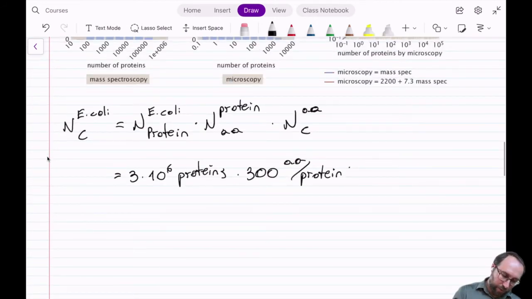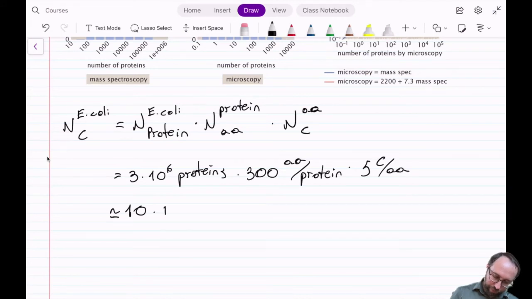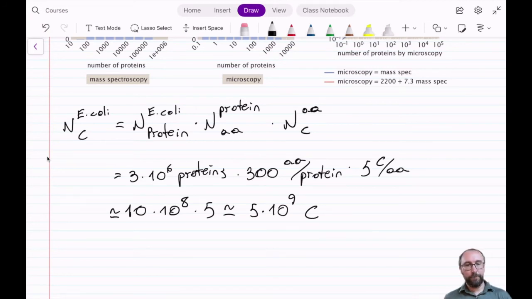So times 5 carbons per amino acid, which basically tells me that this 3 with this 3, that's a 10. So 10, and then 10 to the 6, 10 to the 2, that's 10 to the 8 times 5. So this is on the order of 5 times 10 to the 9 carbon molecules, okay?